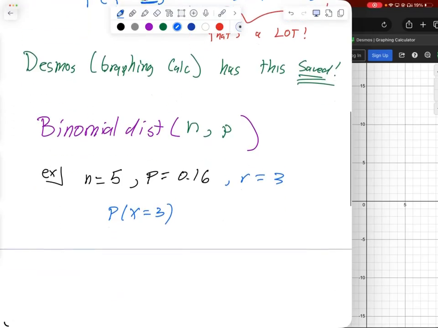So to find this in my calculator, Desmos, I'm going to type in graphing, binomial. Where's the binomial button? Binomial DIST, or you can type it, parentheses, 5, .16. Let's check out what happens.